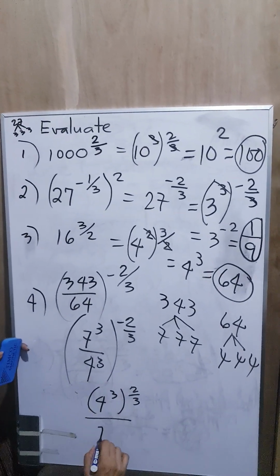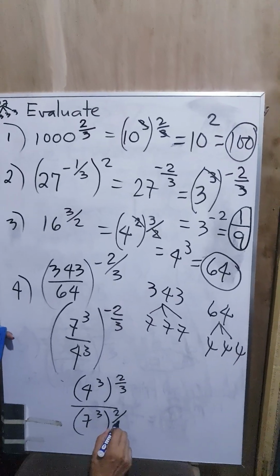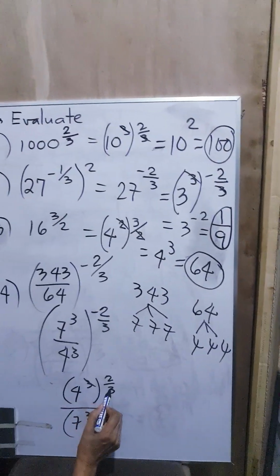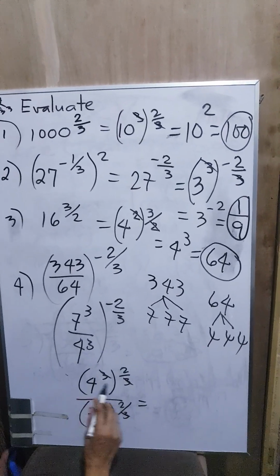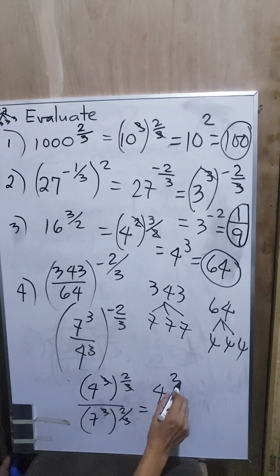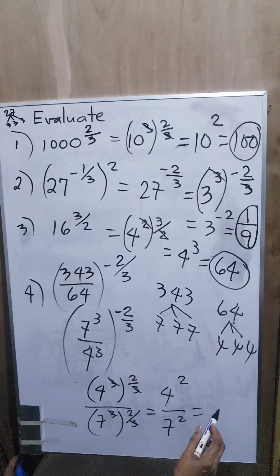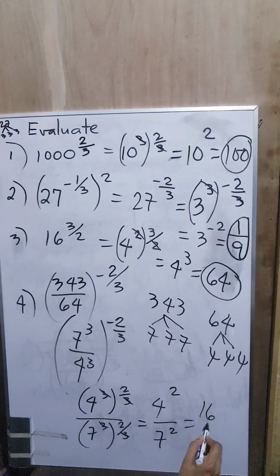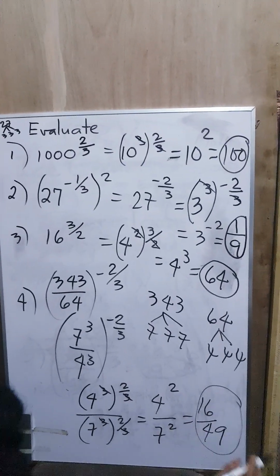That is 7 raised to the power of 3 to the 2/3. You can cancel the 3. Here you can cancel the 3. What we have left is 4 squared over 7 squared. This will become 16 over 49. This is the answer. That's all.